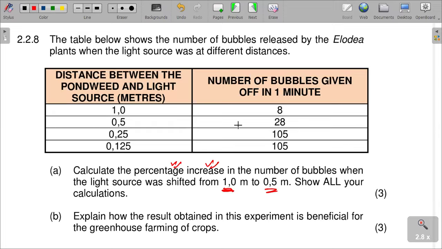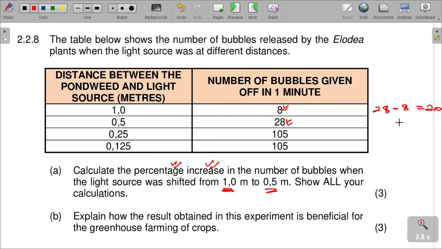From 1.0 it was 80, and then to 0.5 the number of bubbles is 28. We want to check the percentage increase in the number of bubbles. So it is 28 minus 80, as to say the difference, and then this will give you 20.